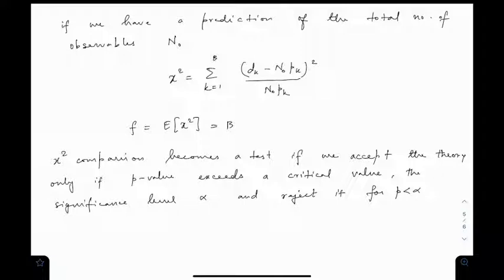Then the chi-square test is known as the Pearson test.